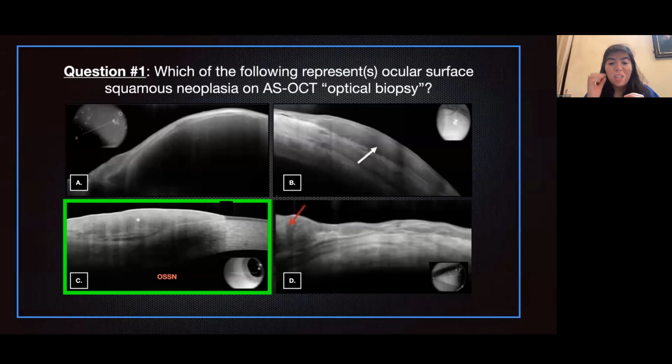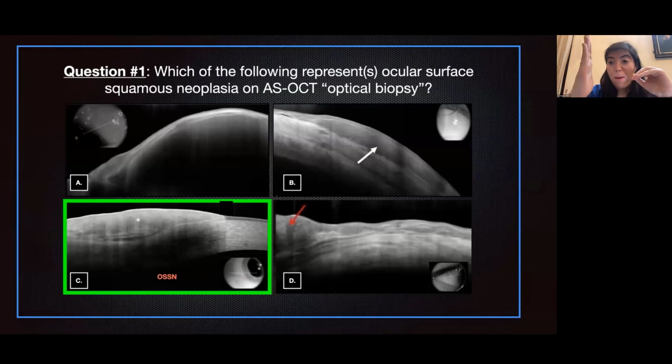So you can appreciate that there is thickened hyperreflectivity in that epithelium with an abrupt transition. Do we see that abrupt transition between the abnormal on the left side of your screen in C to the normal on the right?